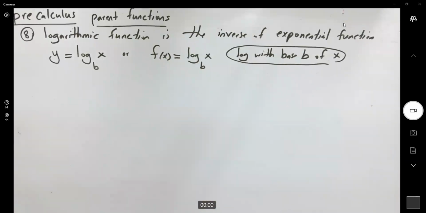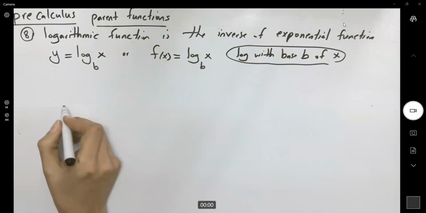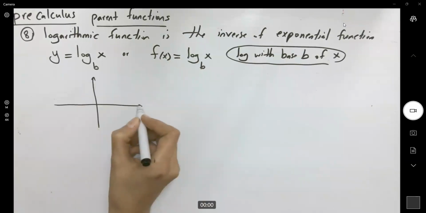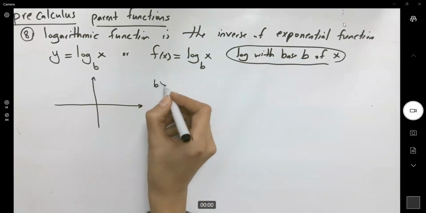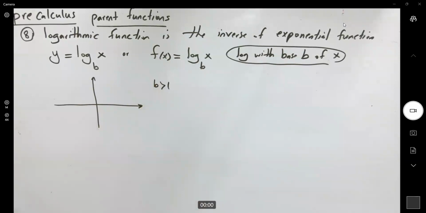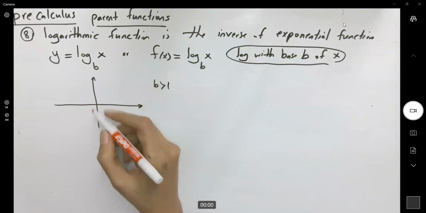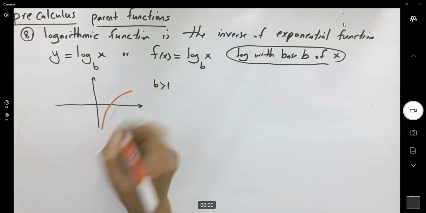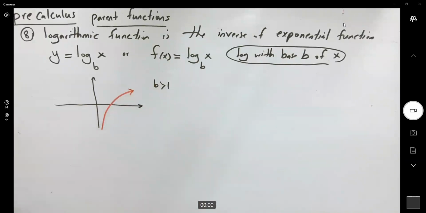For the logarithmic function, we have the following. It all depends on the base. If the base is larger than 1, then the graph behaves like this. You have an increasing graph.